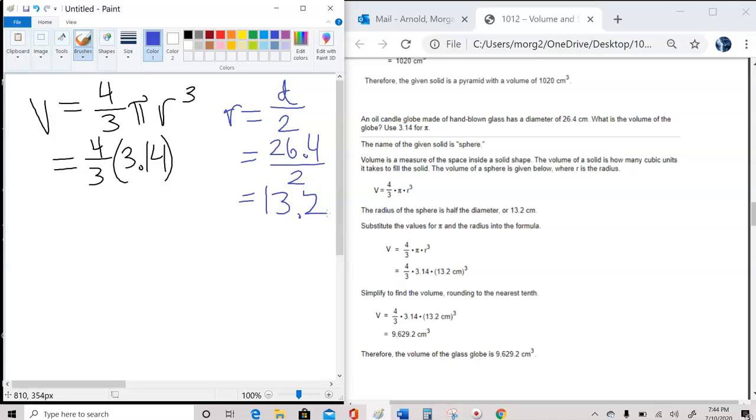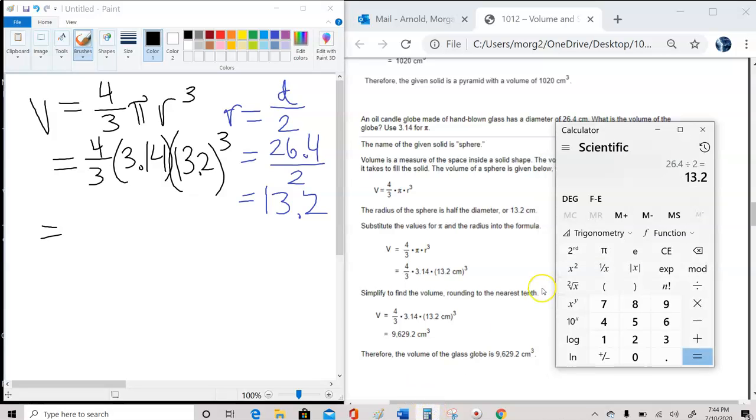Now we can plug that in place of r. Although we can use our calculator, we still have to follow order of operations somewhat.